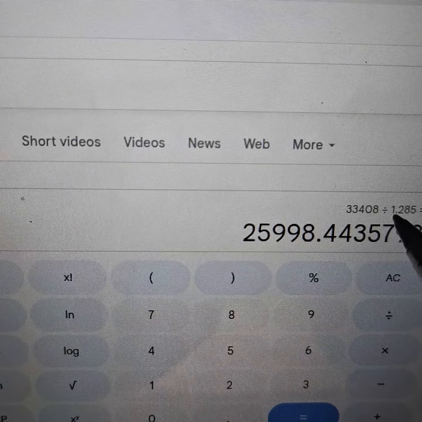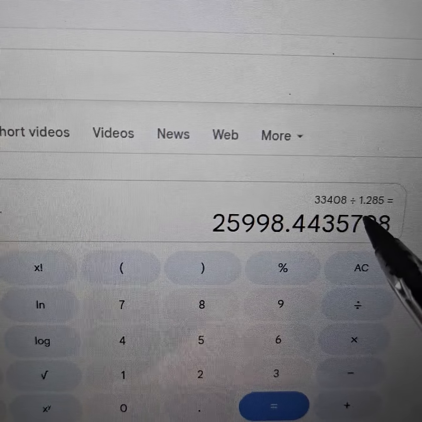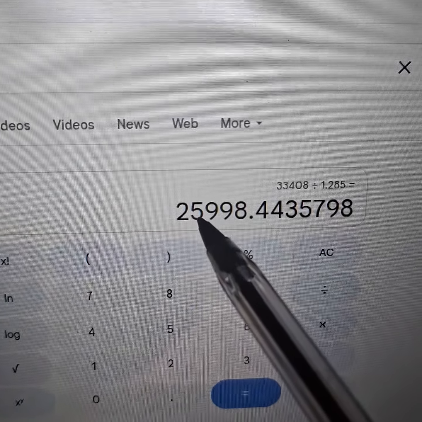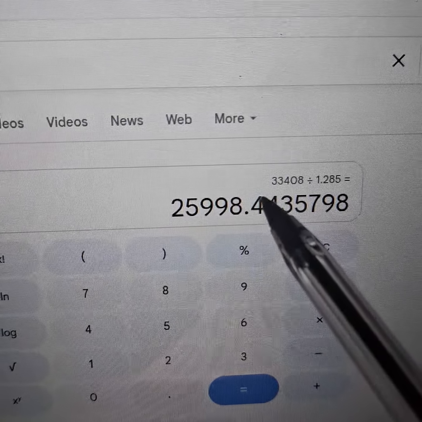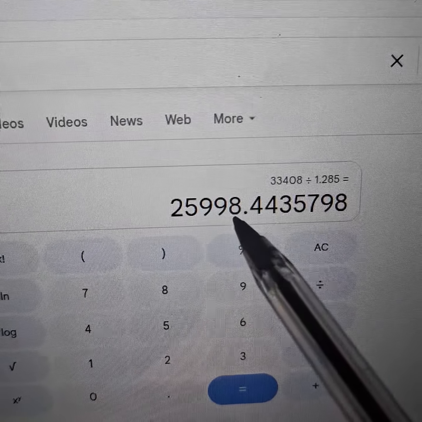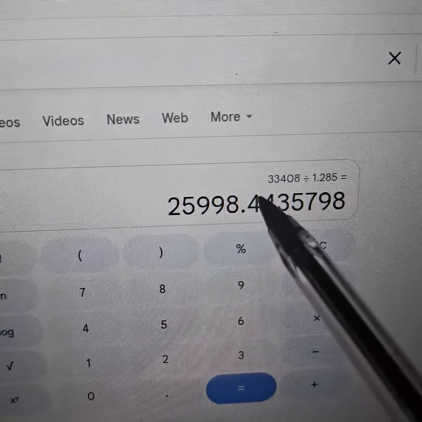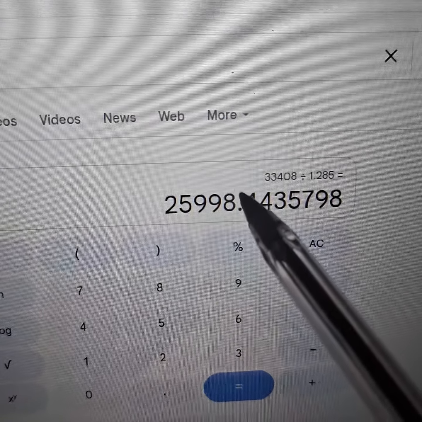33,408 rand divided by 1,285, exactly as it appears in the calculator, is equal to what? From our calculation, we are getting 25,998 rand 44. Now this 44 means that we are not going to be rounding off, because remember, if this number here was 5 or more, that would mean that this 8 needs to go up by 1.